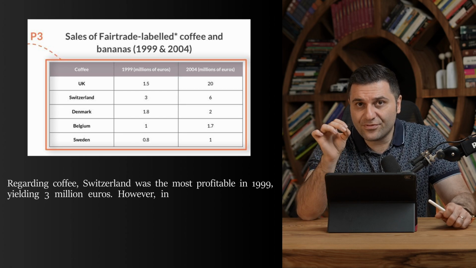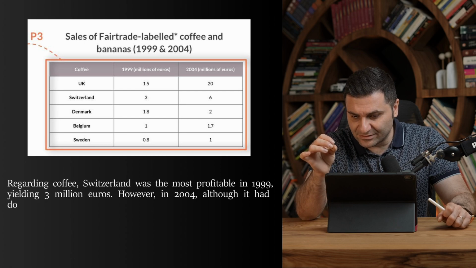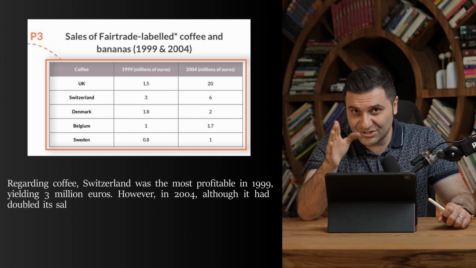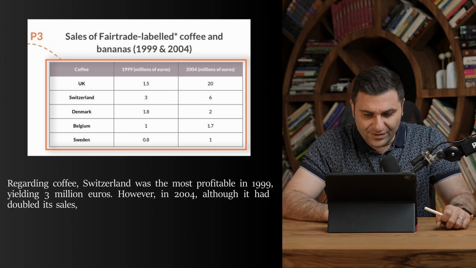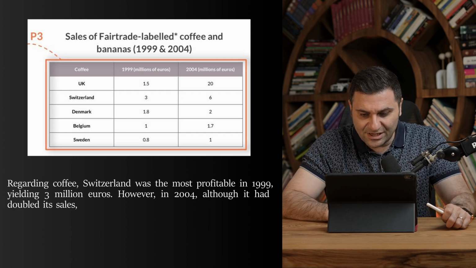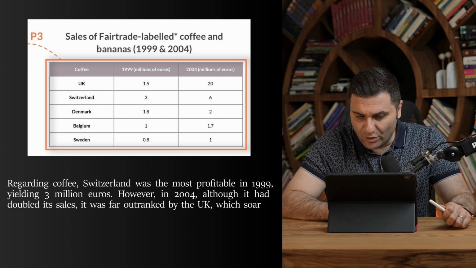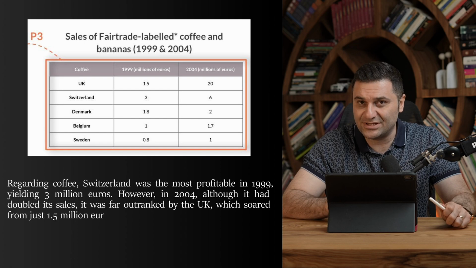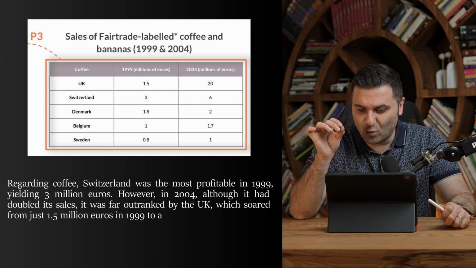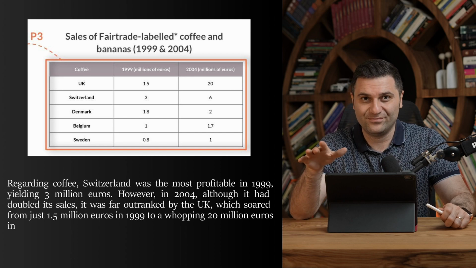However, in 2004, although it had doubled its sales, as you can see, that was double, right? From 3 to 6. Although it had doubled its sales, it was far outranked by the UK, which soared from just 1.5 million euros in 1999 to a whopping 20 million euros in 2004.